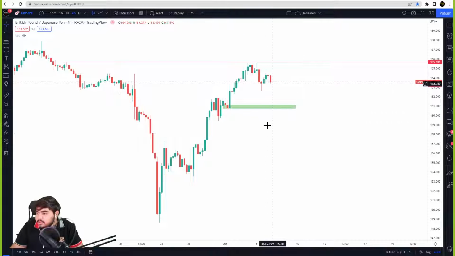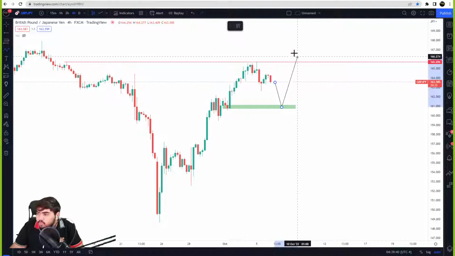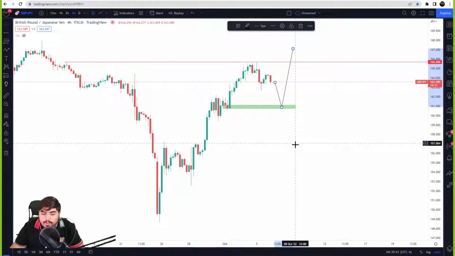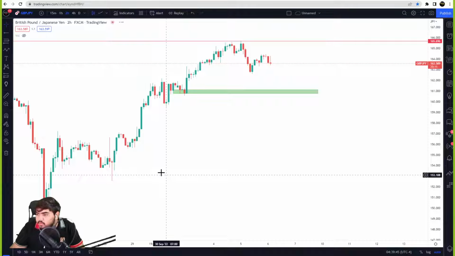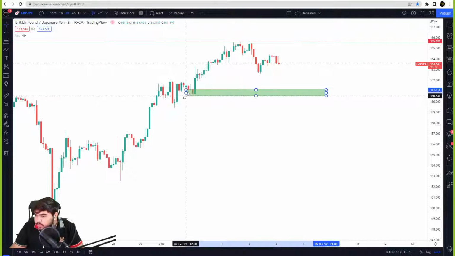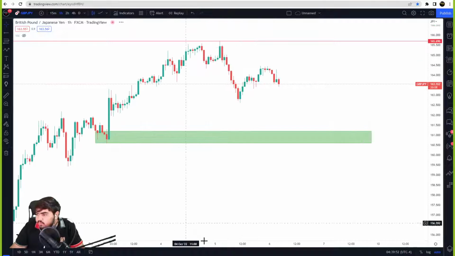That means in case of a pullback to this area, we would be looking for buying opportunities around this area. Now if we go on the 2 hour time frame, this area is still a good area for buying setups, and on the 1 hour time frame, this is definitely a good area.